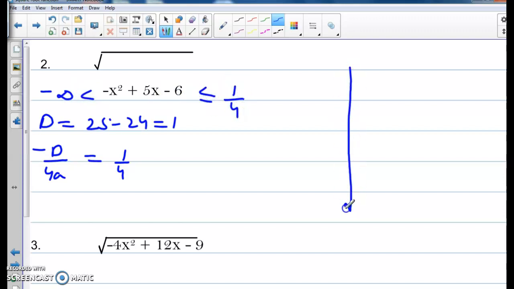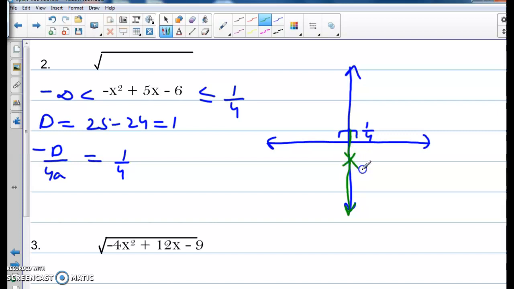Plotting all these numbers on the graph, 1 by 4 is positive, so the range of minus x square plus 5x minus 6 is from minus infinity to 1 by 4.